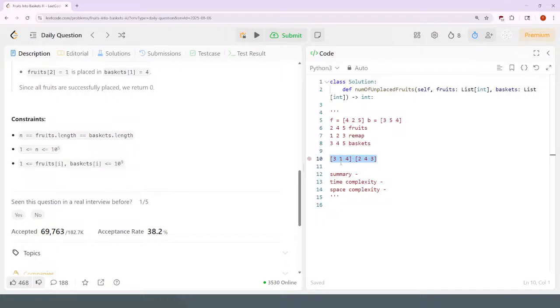So post remap 425 becomes 213. 354 becomes 132. Interesting.